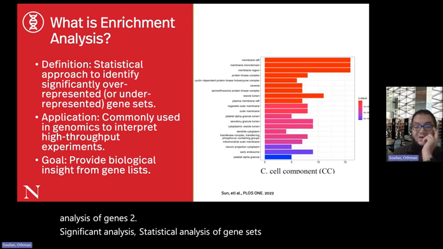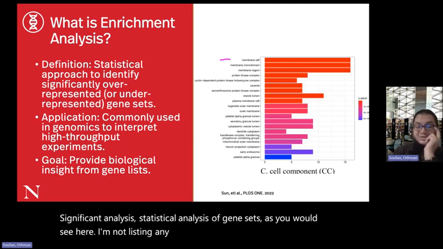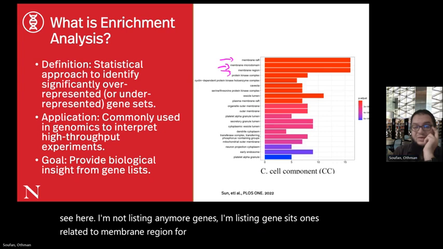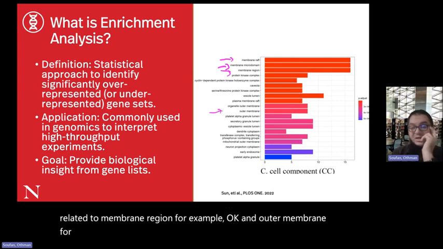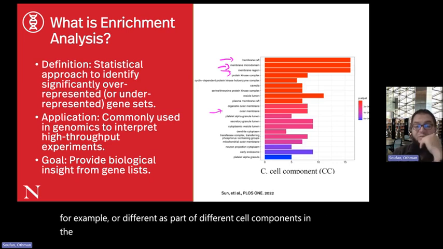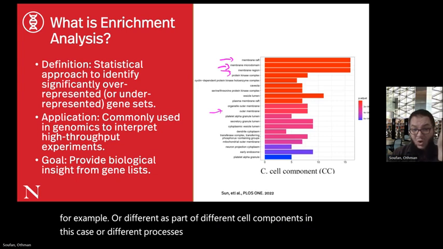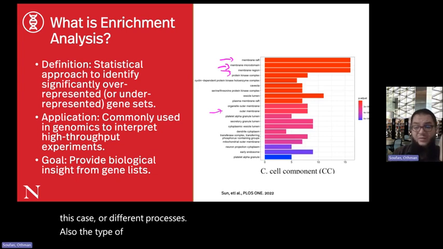As you would see here, I'm not listing any more genes. I'm listing gene sets, ones related to membrane region, for example, and outer membrane, for example, or different cell components in this case, or different processes. Also, the type of analysis could tell us what is overrepresented or underrepresented.